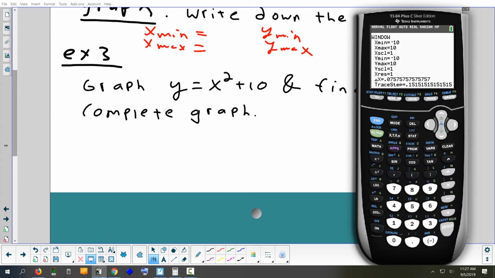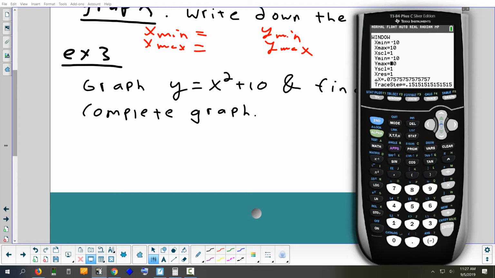This time, you only have to adjust one of these values. Anyone think they know which one you have to adjust? X min, X max, Y min, Y max. This is a parabola, but it's been shifted somewhere off the screen, but just in one direction. Go up. Yep, so what would be a good value for Y max? Yeah, 20 would be good.